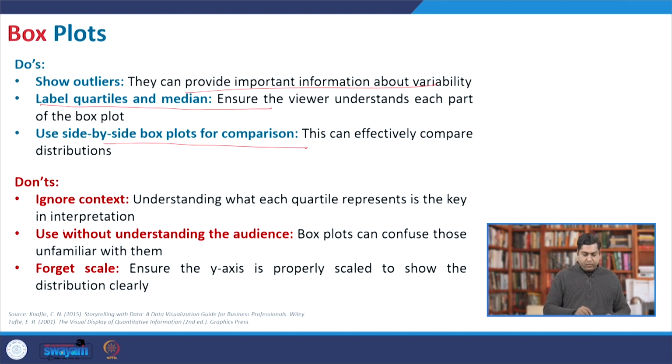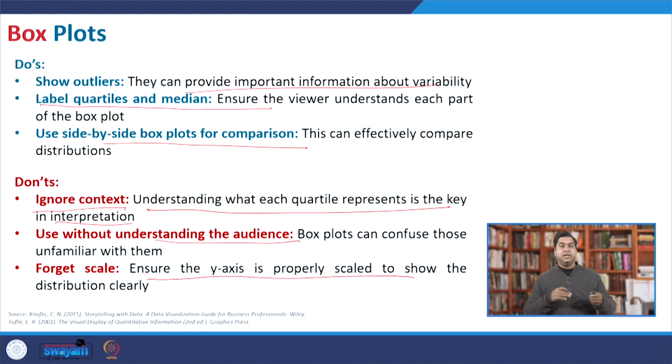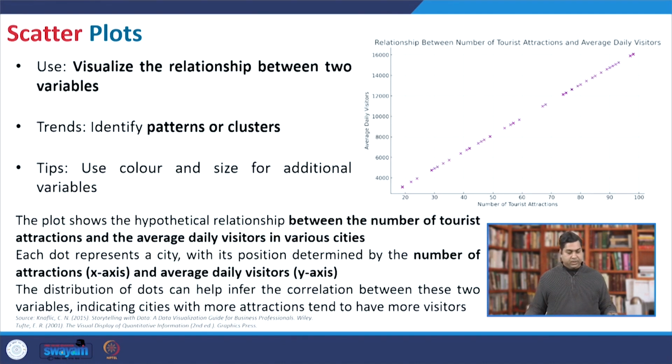Accordingly, there are certain other points: do not ignore the context, understanding what each quartile represents in the interpretation. Do not use it without understanding the audience, because a box plot can confuse readers about all those values. And do not forget the scale, because it is very important at what scale you are comparing.